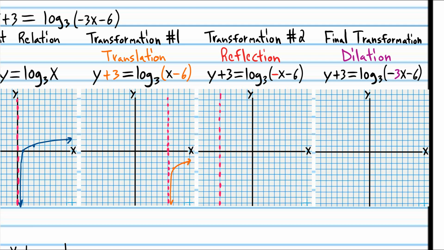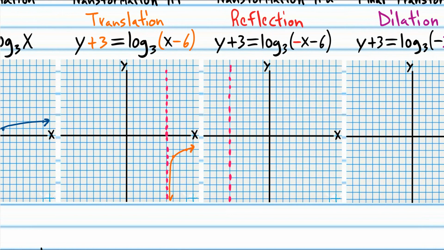So now we're going to reflect the actual graph itself, and you can see what's going to happen. Those points are just going to flip over to the other side, and I'm going to draw that in red.